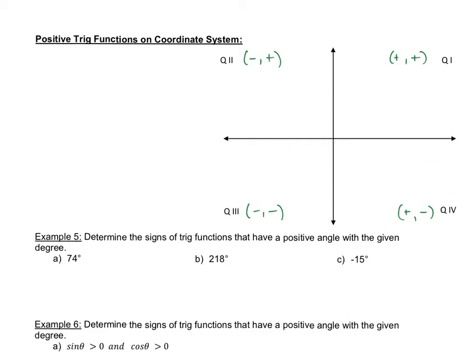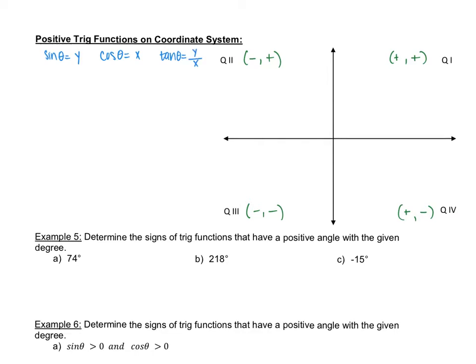That being said, that affects our perception of our trig values. So let me just go into this. Basically, remember how we said that sine, let me write this out. So sine is associated to the y values, cosine is associated to the x values, and tangent is associated to the y and x value.